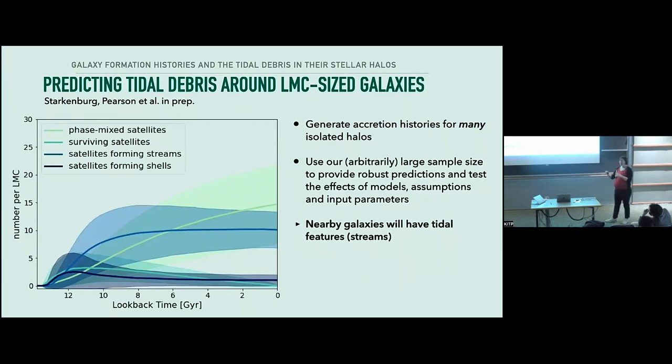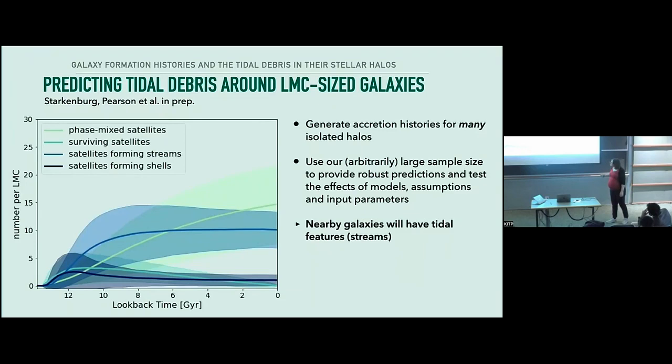And eventually a stream or a shell becomes phase mixed into a relatively smooth stellar halo. And so on average, at the end, there's a few shells in this mass range, and this is LMC-sized galaxies. There are a number of features phase mixed into a smooth halo.